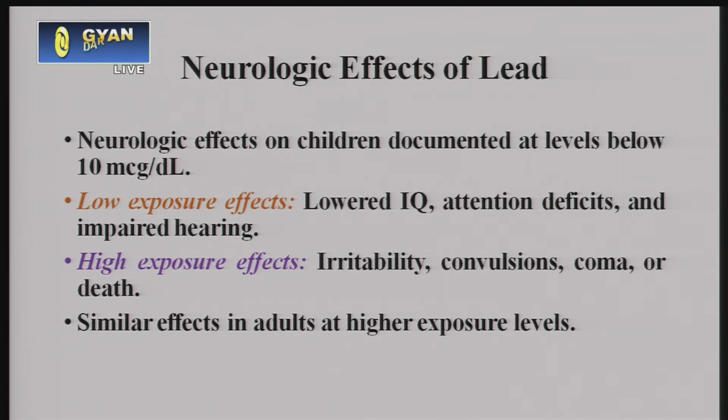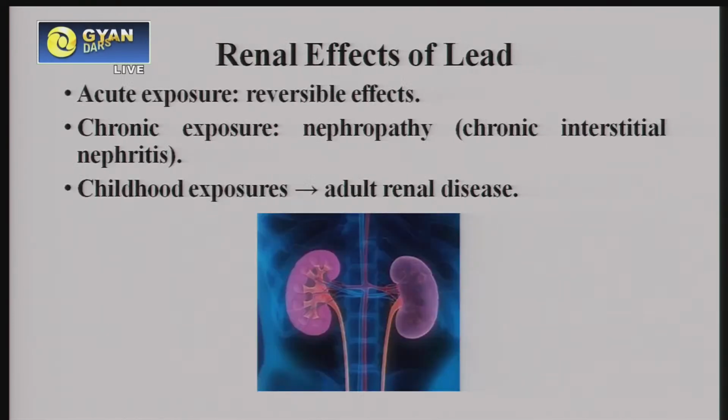In children, at levels of 10 microgram per deciliter, a lot of the effects are already visible. In high exposure, the children have convulsions, coma, and death in some cases. Similar effects are seen in adults, but at a higher level.